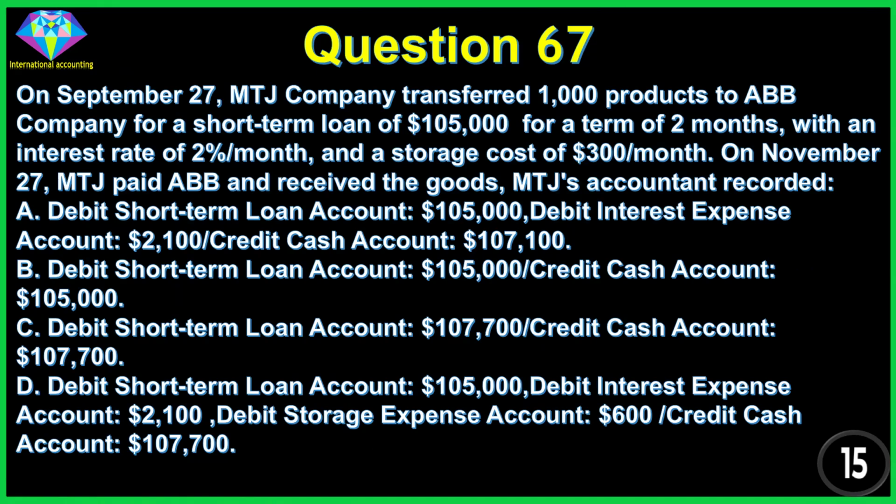B. Debit short-term loan account $105,000 per credit cash account $105,000. C. Debit short-term loan account $107,700 per credit cash account $107,700. D. Debit short-term loan account $105,000, debit interest expense account $2,100, debit storage expense account $600 per credit cash account $107,700.